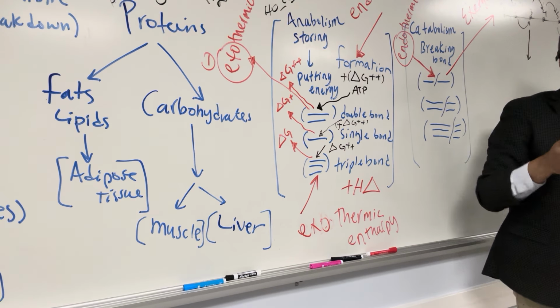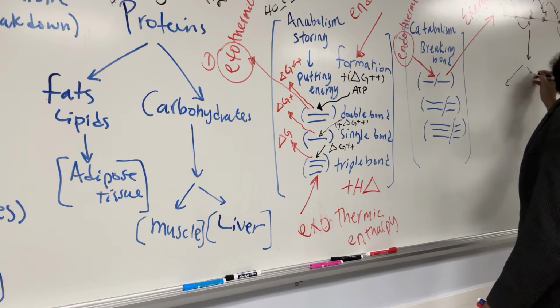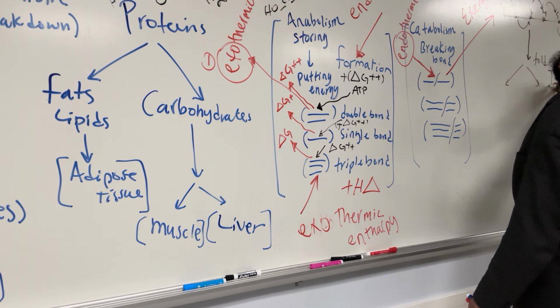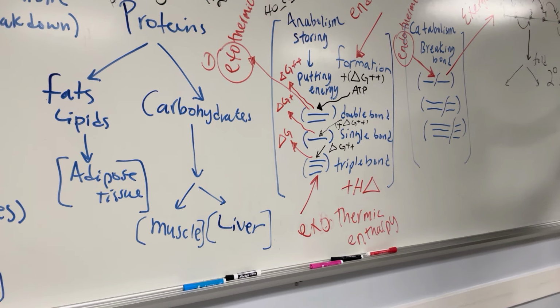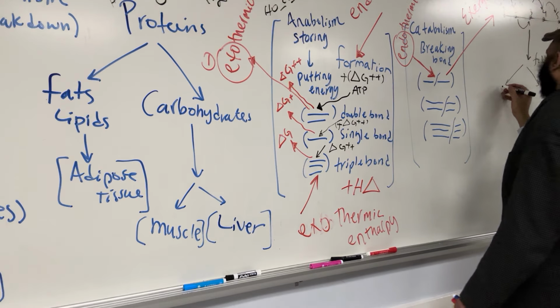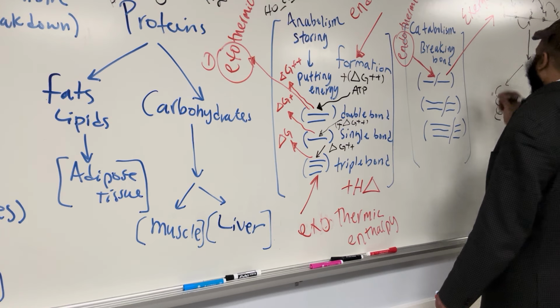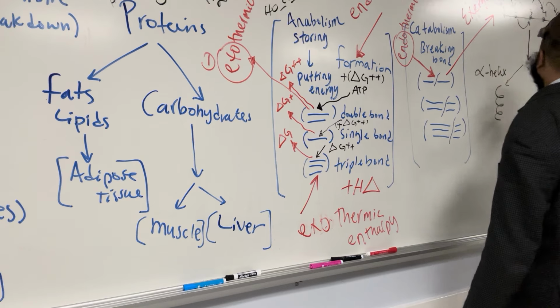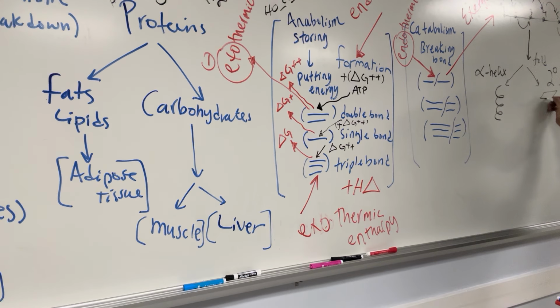Then the primary structure is going to fold and give us the secondary structure. And we have 2 types of secondary structure. An alpha helix, and the second one is the beta pleated sheets.